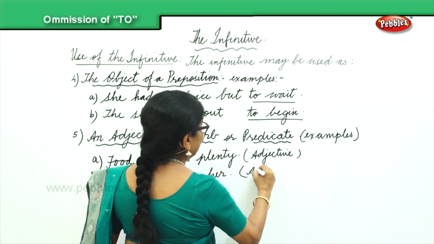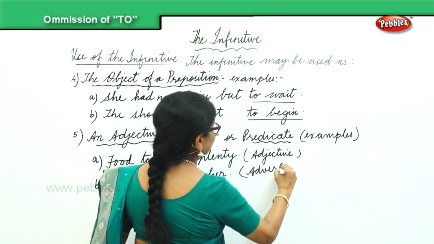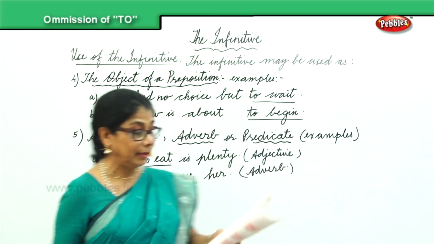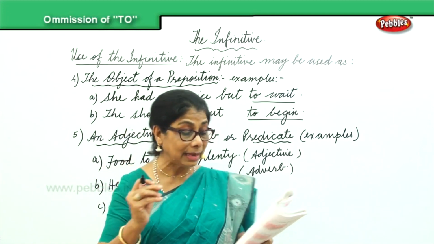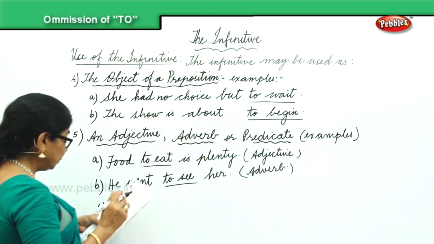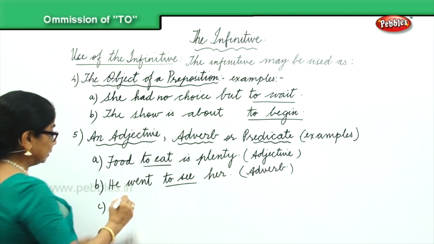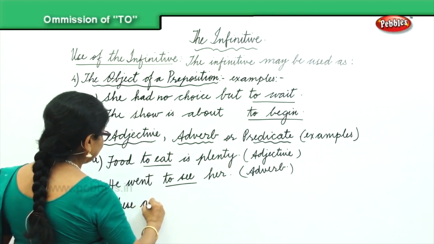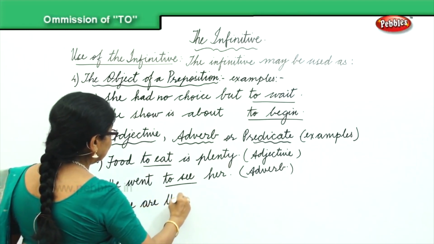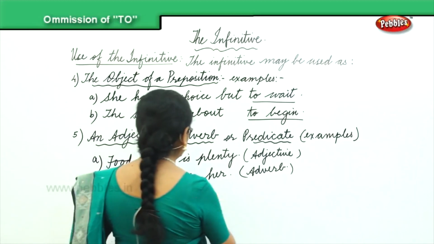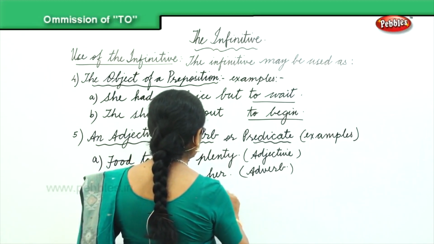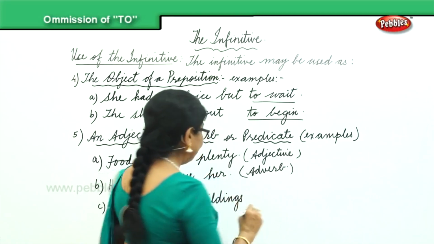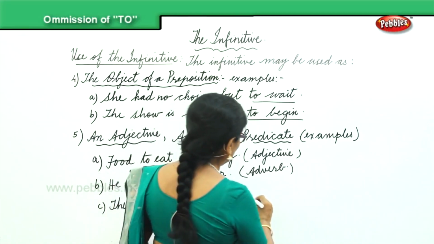And the third example I have here is: These are the buildings to be sold.